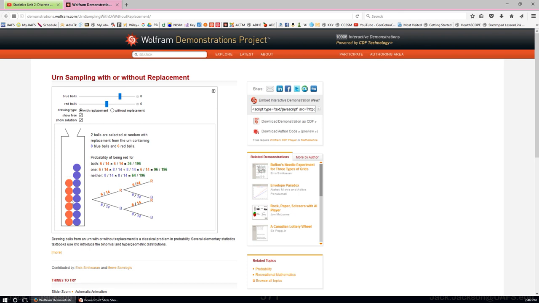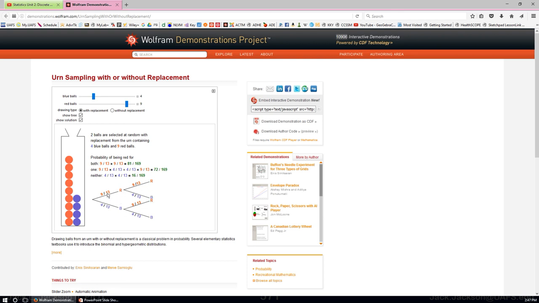So they've got an illustration of the urn here. Of course, they would be mixed up and randomly drawn out. But we can change this here by changing the total number of blue balls and the number of red balls, and it changes the probabilities. Now notice right now we're doing it with replacement, so red is a success.